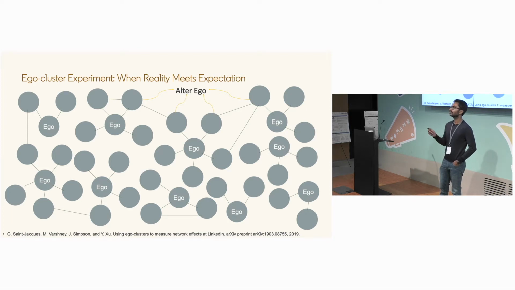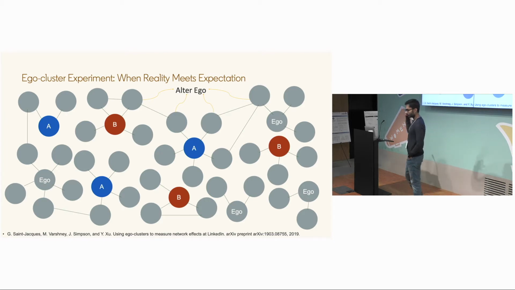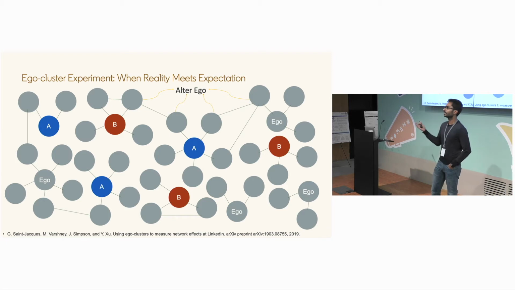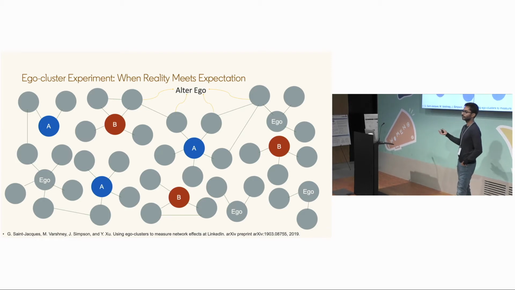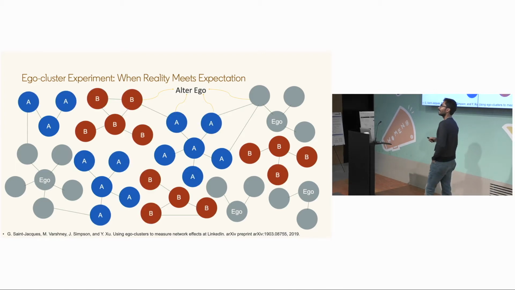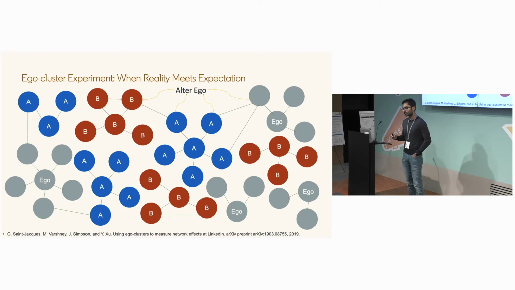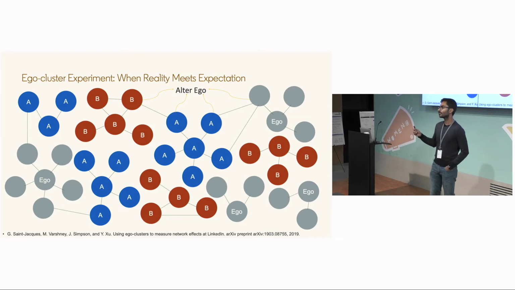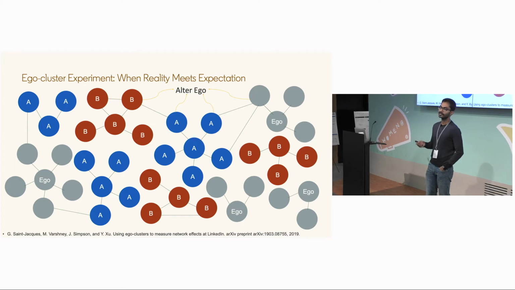Instead of randomizing on randomly selected members, we randomize on the egos. So we do the A/B testing design on the egos. We select a random group of egos and assign them treatment A, then select another group and assign them treatment B. The advantage is that because no two egos can have the same alter, we can make sure that all the neighbors of the egos are getting the same treatment.